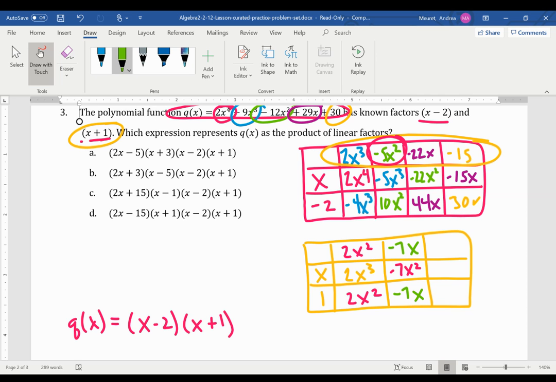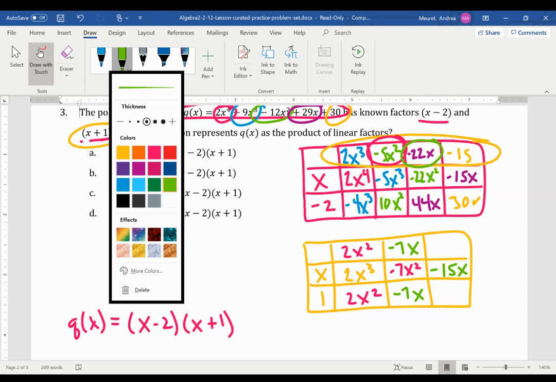My next target is negative 22x. And that means I have to combine negative 7x with negative 15x.